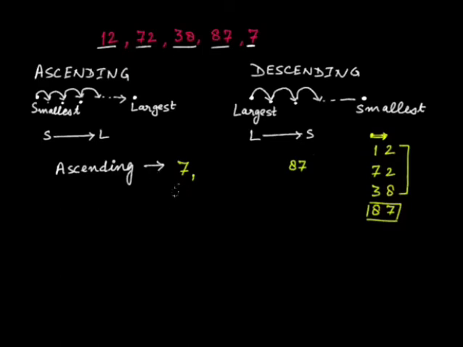We have found the smallest and we have found the largest. Now, between these numbers 12, 72 and 38, which number is the largest? We'll compare 1, 7, 3.